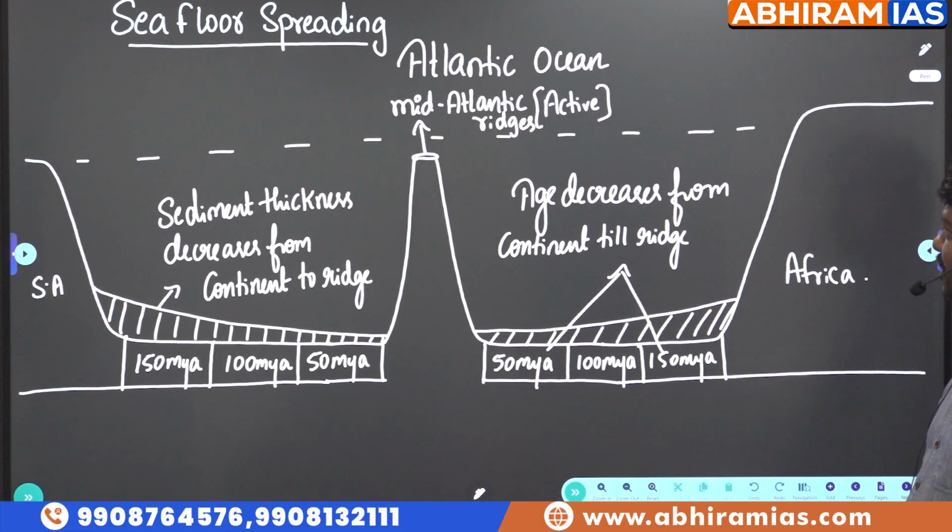What is the first point? At the center of the Atlantic Ocean, we have mid-Atlantic ridges. Okay. Second point is sediment thickness decreases from the continent till the ridge. Third point is age decreases from the continent till the ridge.